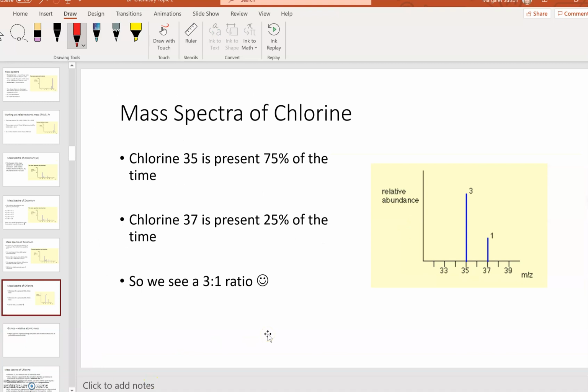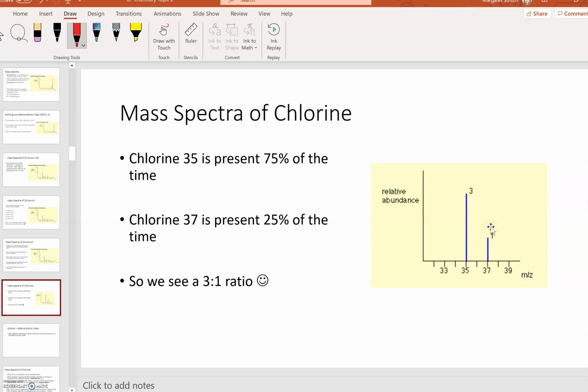Now we can look at an example of chlorine. You can see here this is relative abundance, so it's not percentage, so be careful to look for that. The approximate abundance of these two isotopes is 75% and 25%, and we looked at this last lesson. What's really useful is you can see on this mass spec scale that this 35 peak is 3 times taller than this one here, so we say it's in a 3-to-1 ratio.